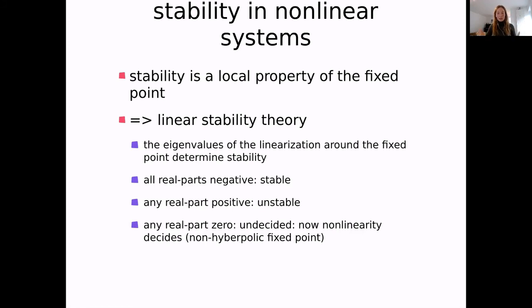So exactly the same that we did in the one-dimensional case, but now we do it in multiple dimensions. And then again, the eigenvalues of this linearized matrix that defines our dynamical system give us the idea of stability. With all real parts being negative, it's stable.